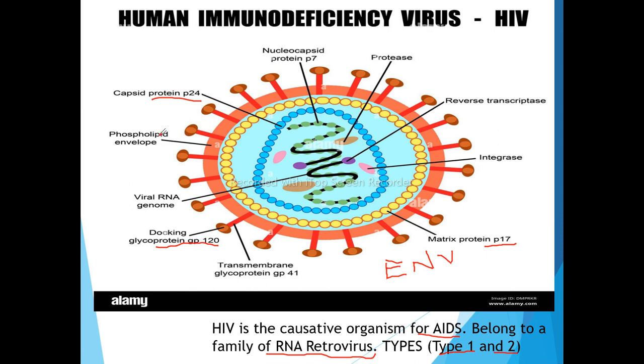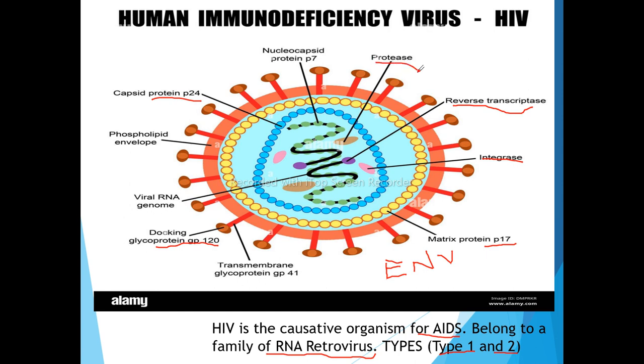Now, as you go inside this capsid, you find two strands of identical copies of RNA which has positive polarity. Apart from that, you also find three enzymes. We have reverse transcriptase, the integrase enzyme, and the protease.